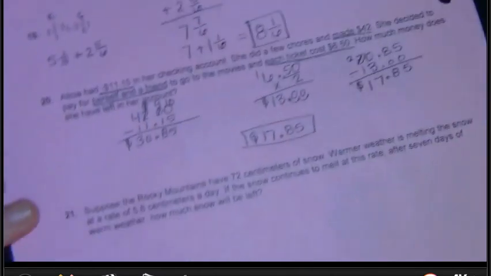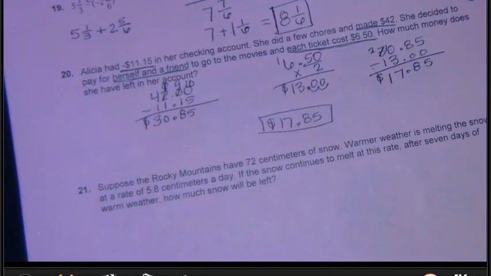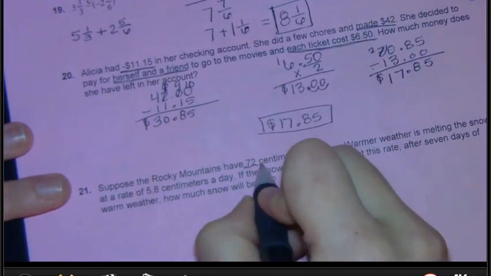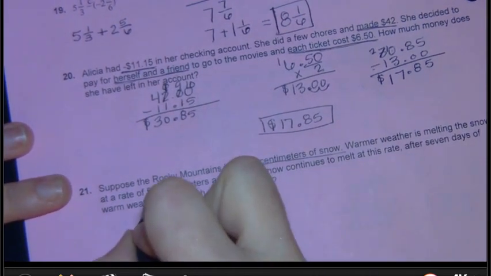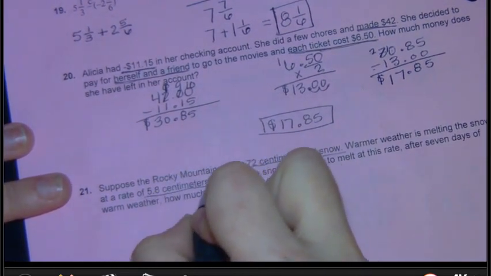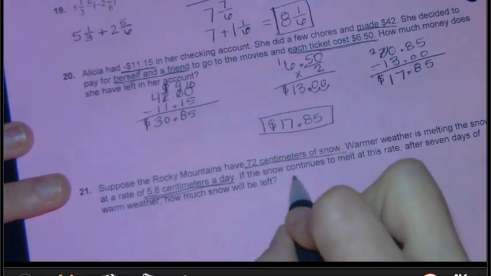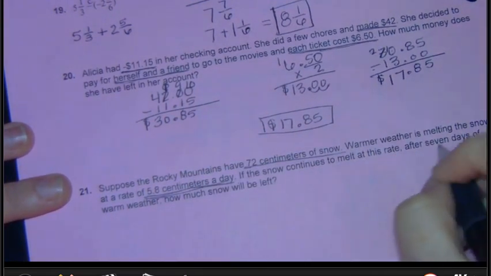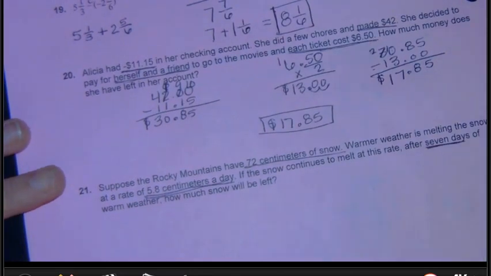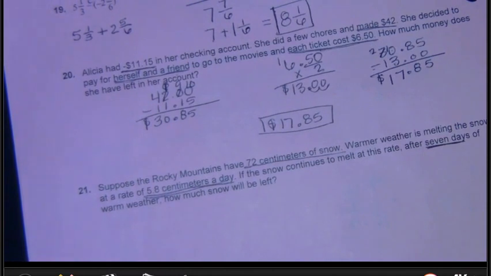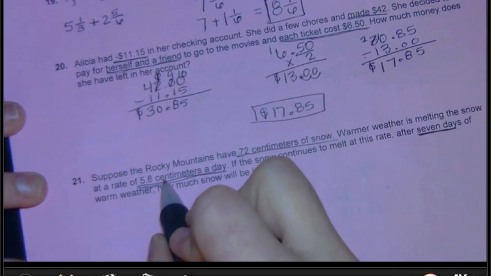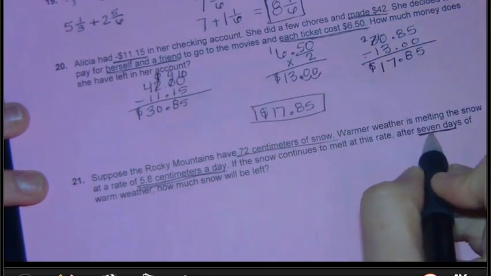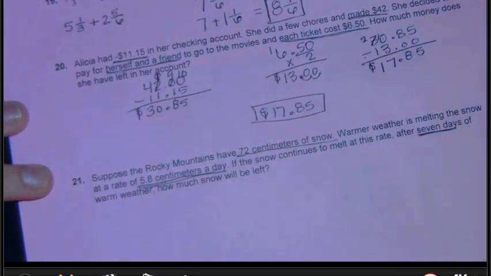All right, number 21. Suppose the Rocky Mountains have 72 centimeters of snow. Warmer weather is melting the snow at a rate of 5.8 centimeters a day. If the snow continues to melt at this rate, after 7 days of warm weather, how much snow will be left? Okay, well, first step I need to do is I know it's 5.8 centimeters a day, and I want to know after 7 days how much snow is going to come off.